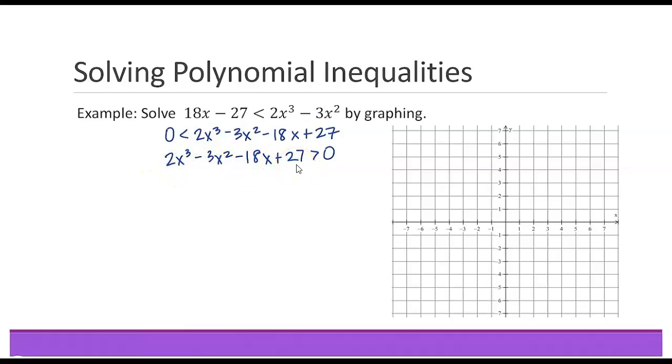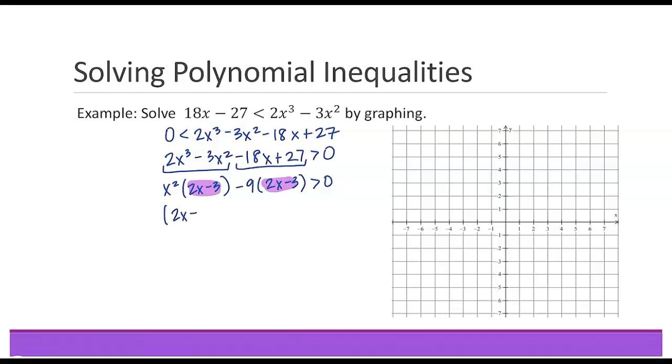Well, it has 4 terms, so we want to factor by grouping. So we're going to create our 2 groups, and we're going to factor out an x squared. So we're left with 2x minus 3. And then here we'll factor out a negative 9, and we are left with 2x minus 3. And so we have the same factor in each term that we're going to pull out.